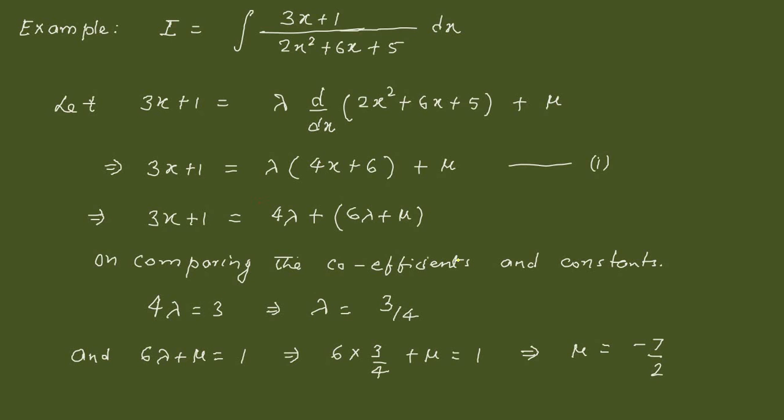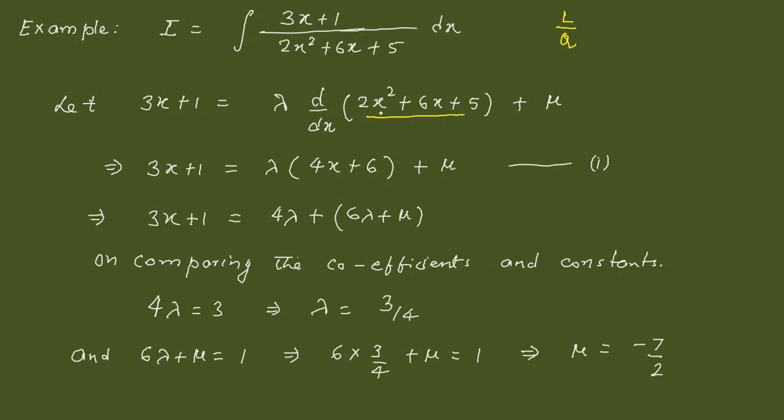Suppose I have the integrand (3x + 1) over (2x² + 6x + 5). You can see that this is linear over quadratic. So the first task is to express 3x + 1 in terms of the derivative of the quadratic. We start with 3x + 1 = lambda times the derivative of the quadratic plus mu.